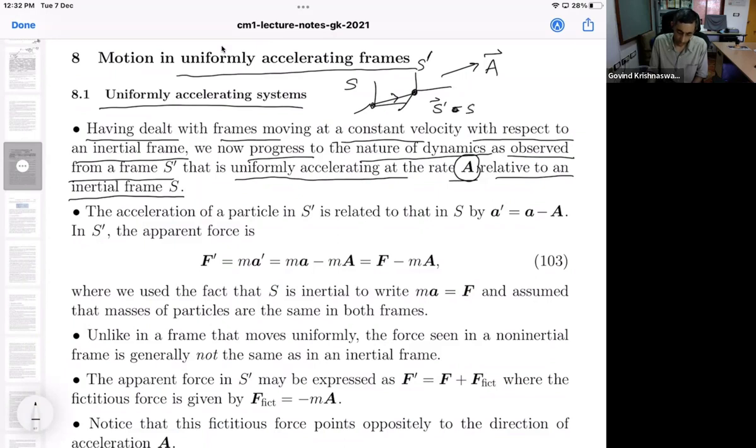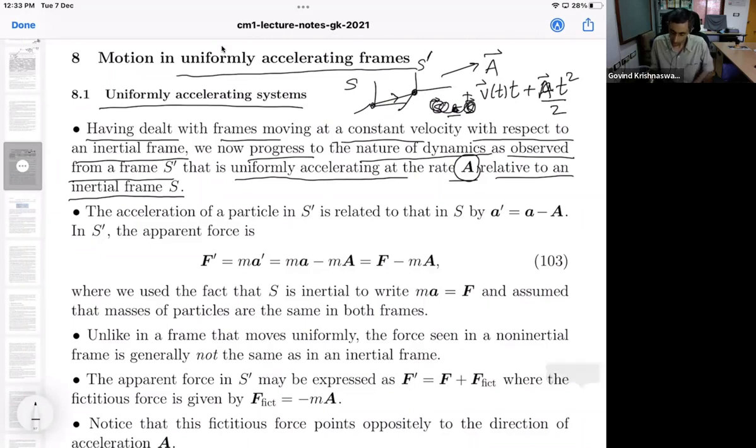So the origin would be given by some velocity, which depends on time, times t, plus acceleration times t squared upon 2, plus of course some initial location.